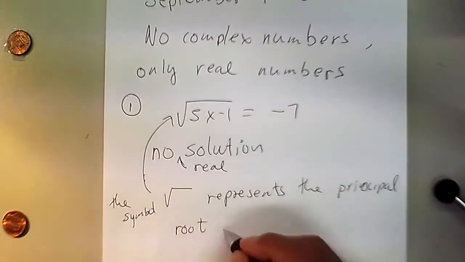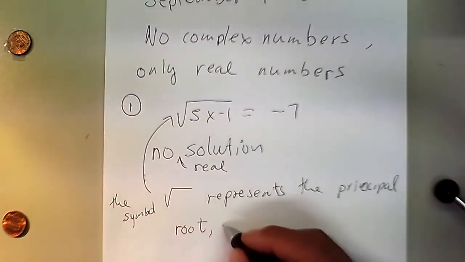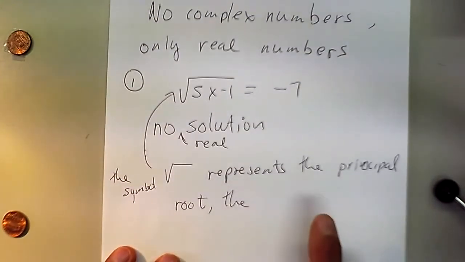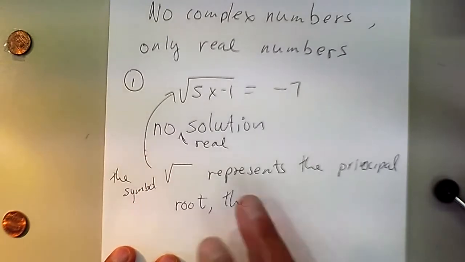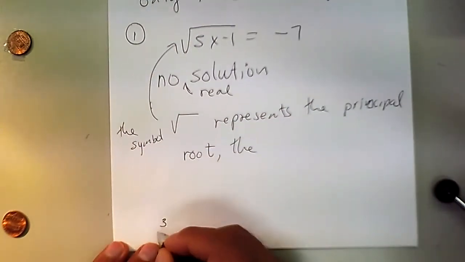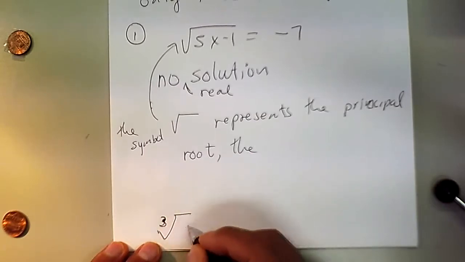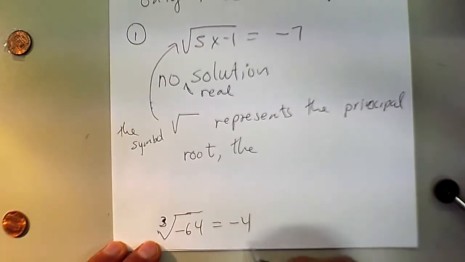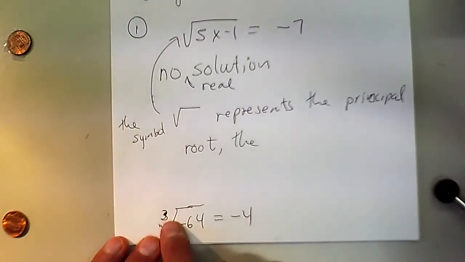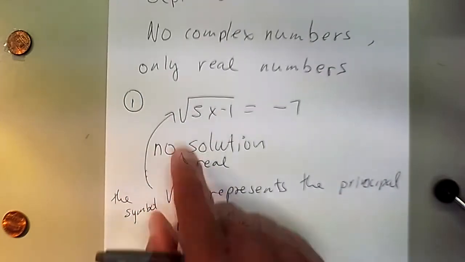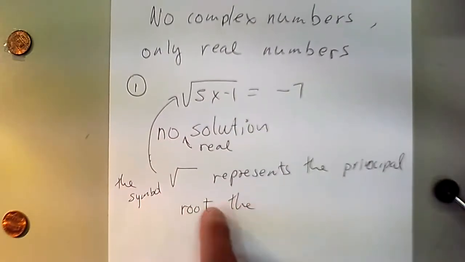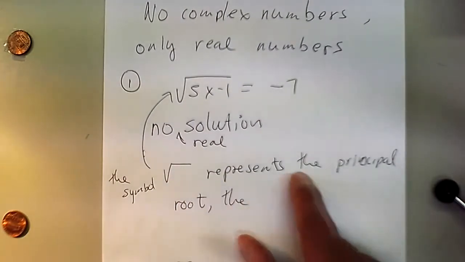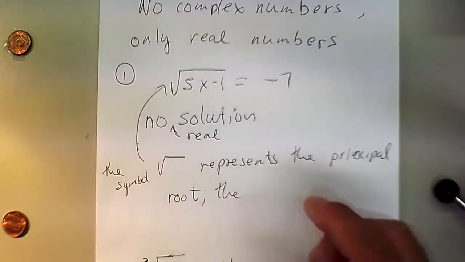The principal root is the positive one whenever there are a positive and a negative. With cube roots, that's not the case. You can have the cube root of -64, and that is -4, and that is not a problem because for cube roots, there's only one. For square roots, there are two. And so when we put down this symbol, we mean the positive one, the principal root.